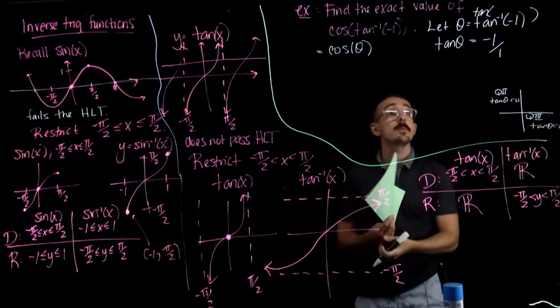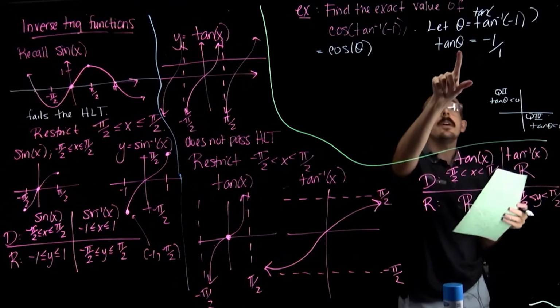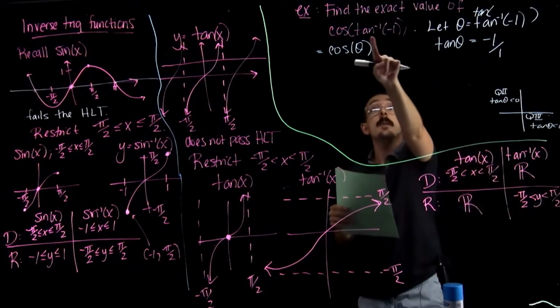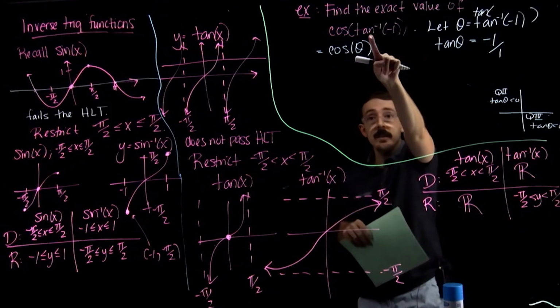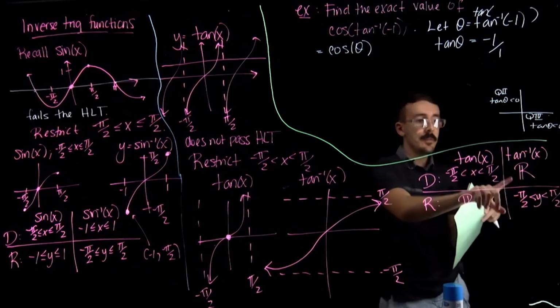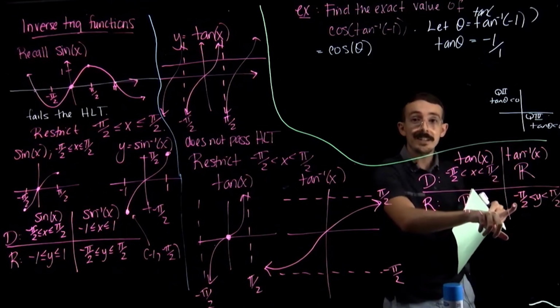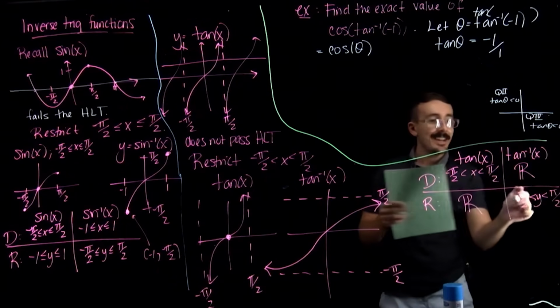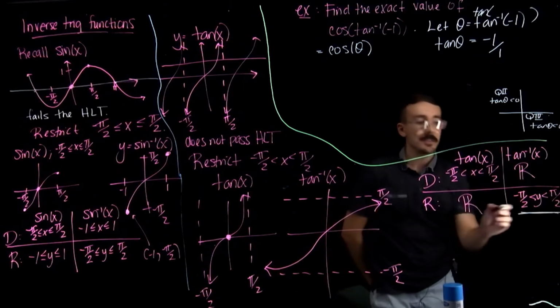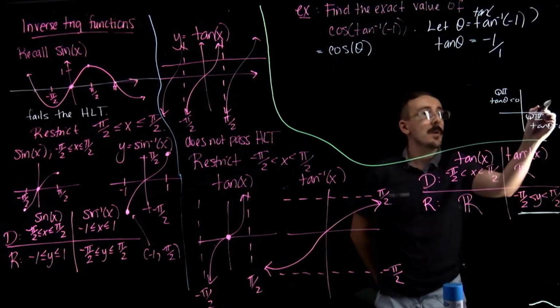I'd like to pick the correct one that I'm in. So here I have tangent is -1. I'm dealing with tangent inverse. So the range of tangent inverse, if you look over here, it's between -pi over 2 and pi over 2. So that's these 2 quadrants right here.